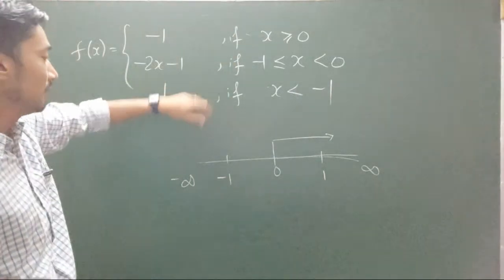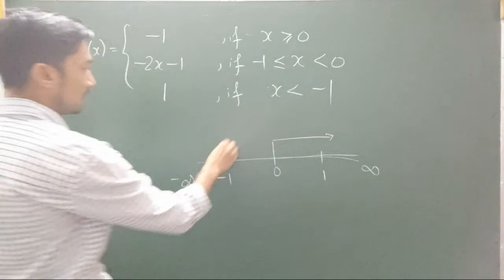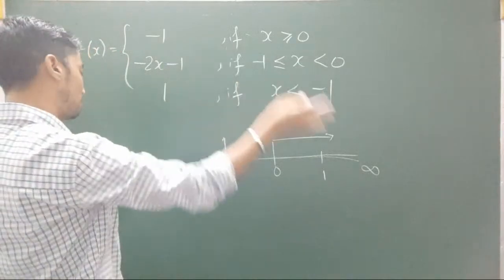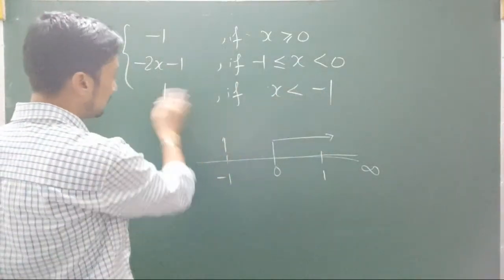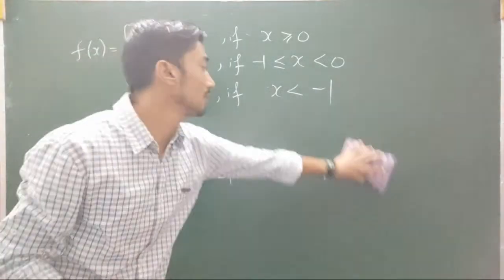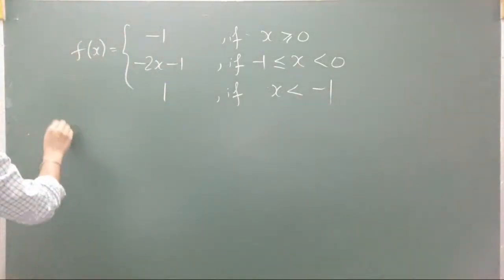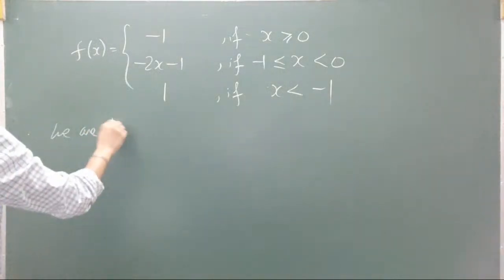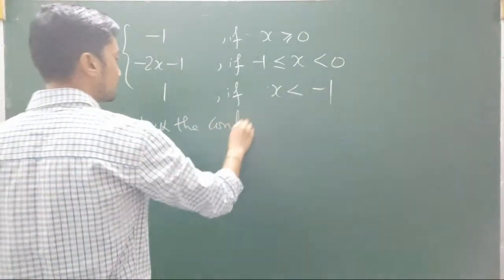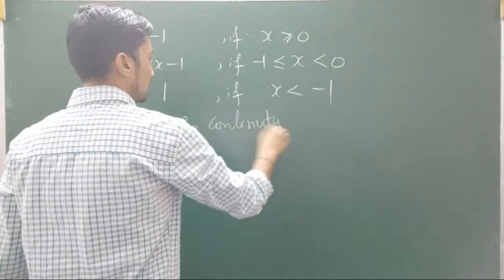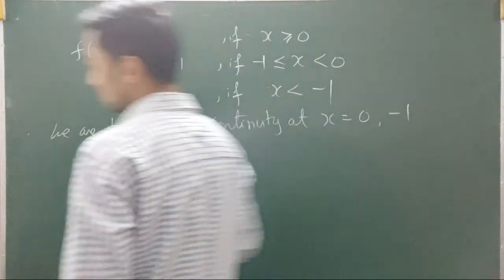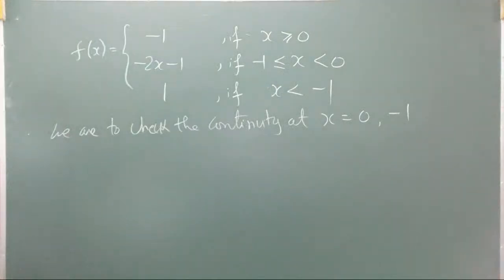No problem. If x is strictly greater than minus 1 and less than 0, then it's a polynomial function. That's also continuous. If x is less than minus 1, that's 1, also a constant function, also continuous. So we are left with 2 points. We are to check the continuity at only 2 points, that is x equal to 0 and x equal to minus 1.